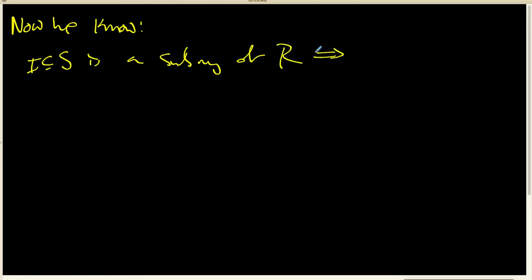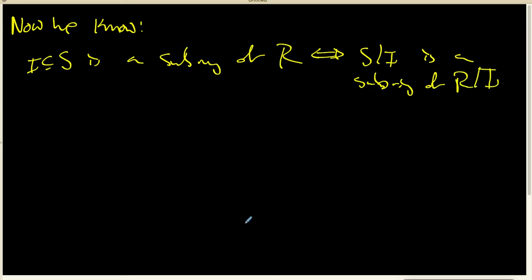We already know that S containing I is a subring of the ring R if and only if S mod I is a subring of the ring R mod I. We already did that from the previous video. So all we have to do is show the additional properties for ideals also behave in an if and only if fashion. So let's look at this.